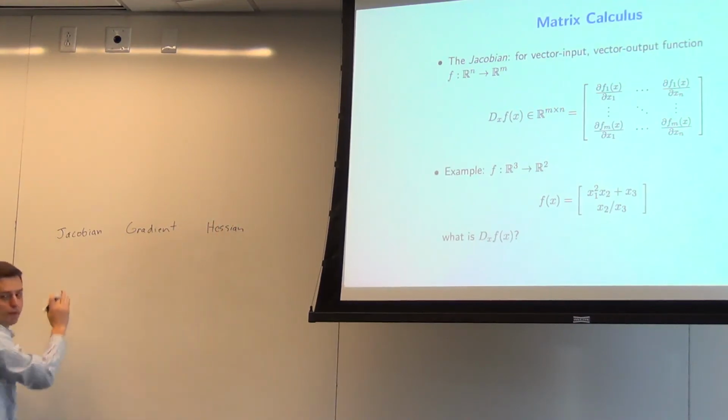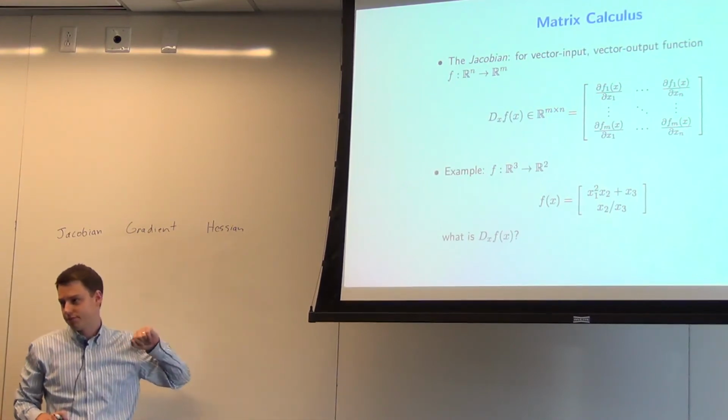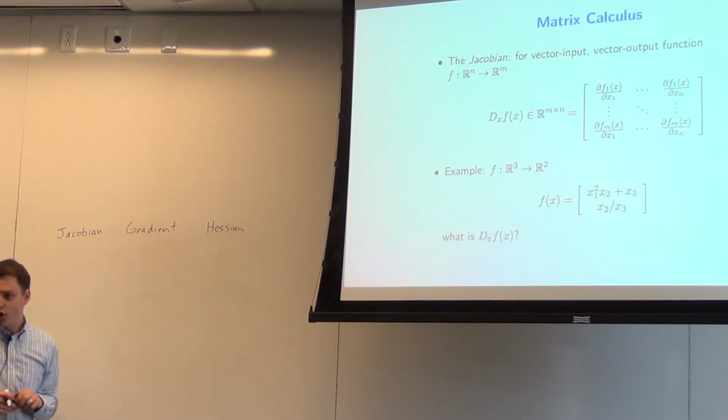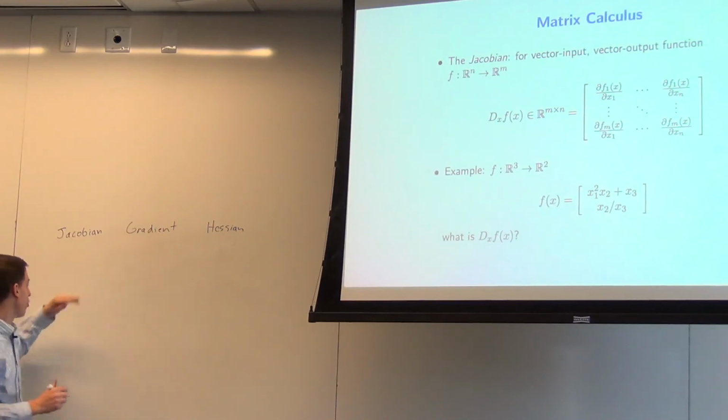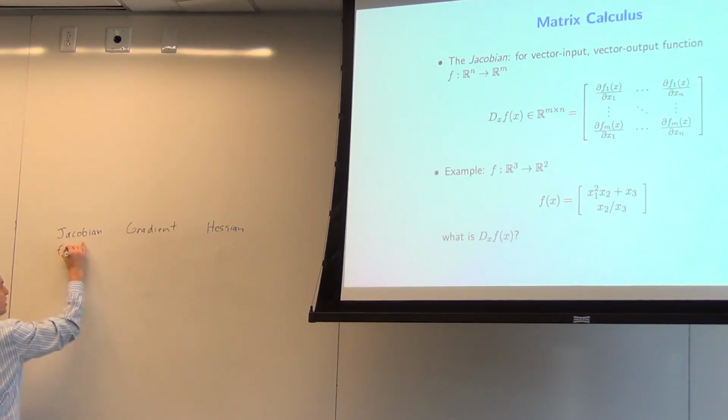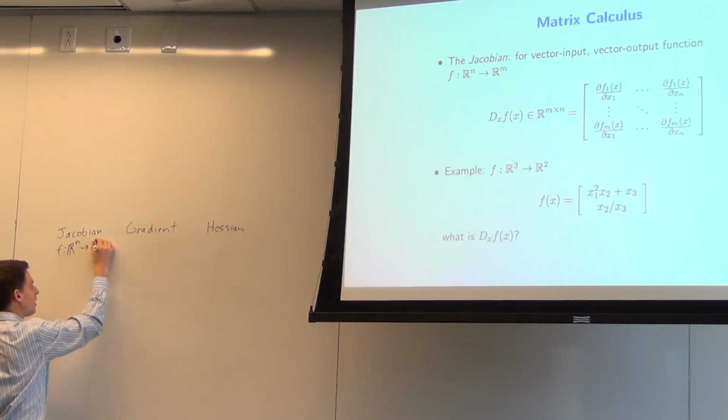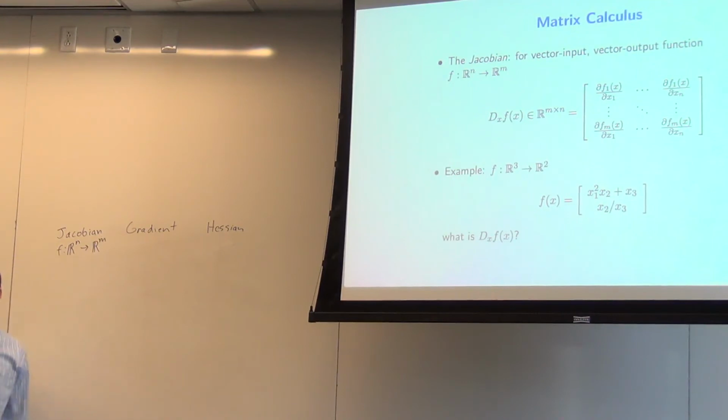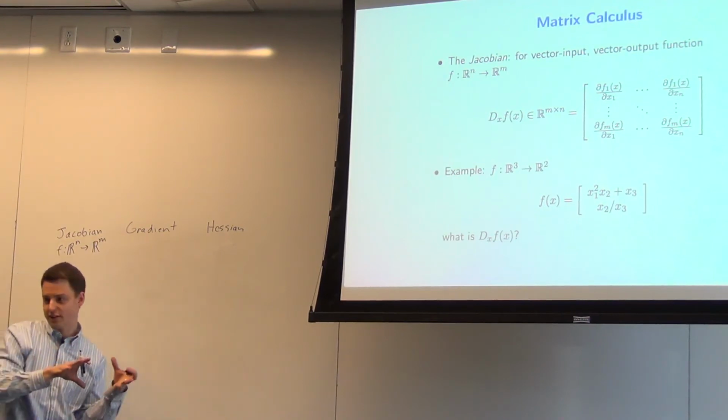The first two are both analogs of the first derivative. The Hessian is the analog of the second derivative. The only difference between the first two is that the Jacobian is defined for functions that take n-dimensional inputs and produce vectors. It takes as input a vector and produces a vector.